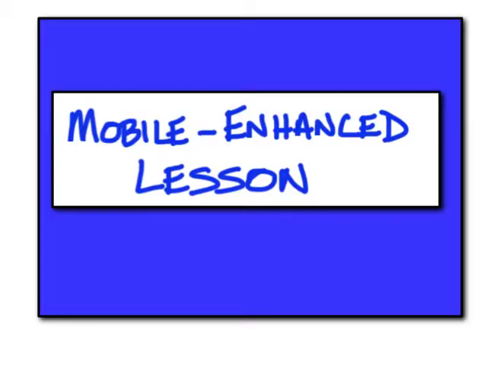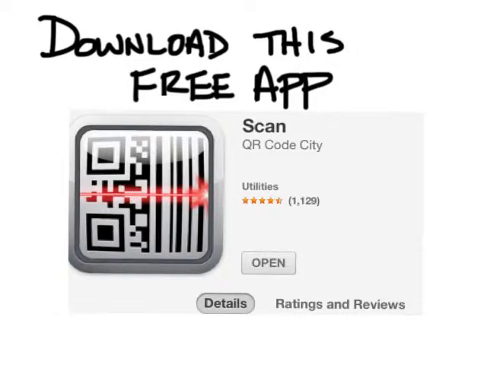Today's stuff, and probably from here on out, is going to be mobile enhanced. If you have an iPhone or a smartphone, there's an app that I need you to download that you can use in conjunction with the screen in order to get more out of it. If you have an iPhone, this is the name of the app, and you can get your iPhone out now and start downloading it when you have time in between problems here.